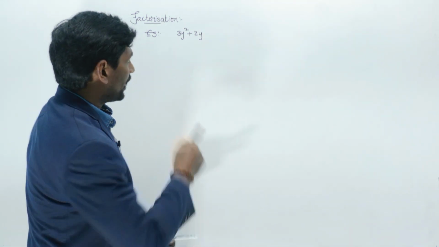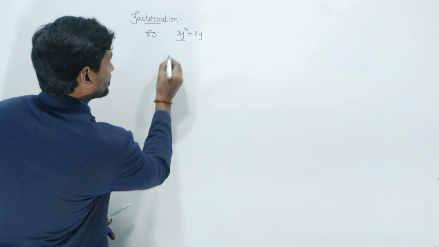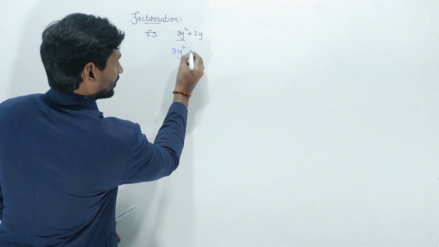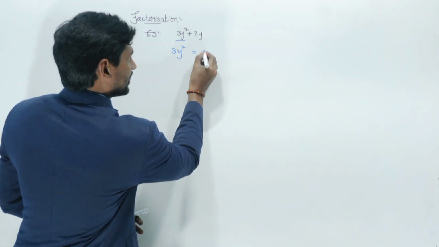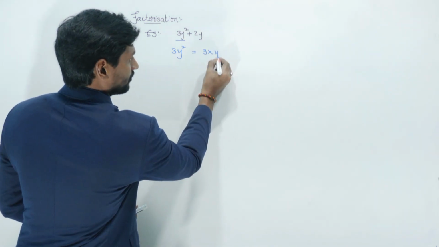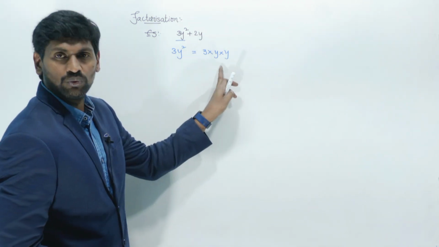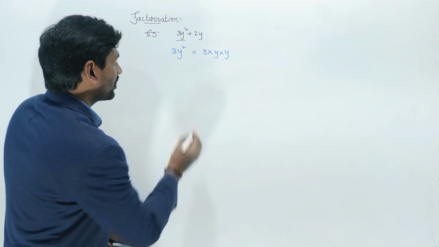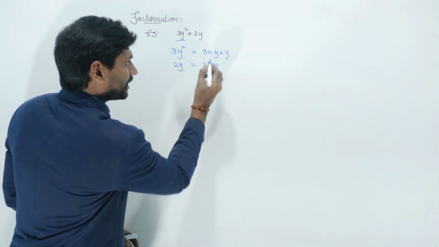Now I am taking the first term, 3y square. 3y square we write as 3 into y square, which is y into y. So I am writing the first term as 3 into y into y. Now the second term, 2y, is nothing but 2 into y.